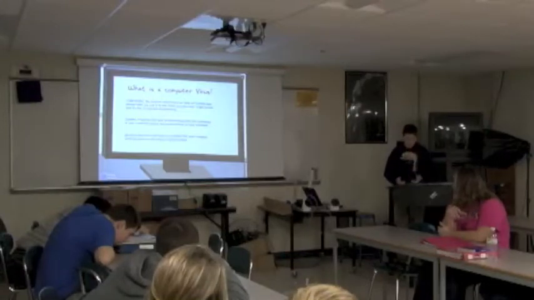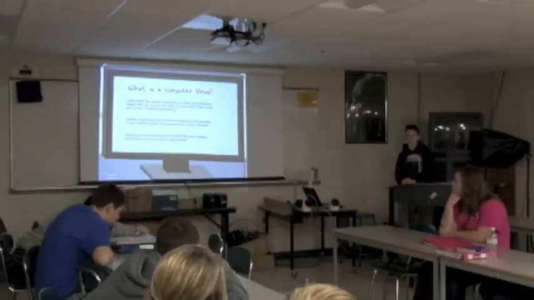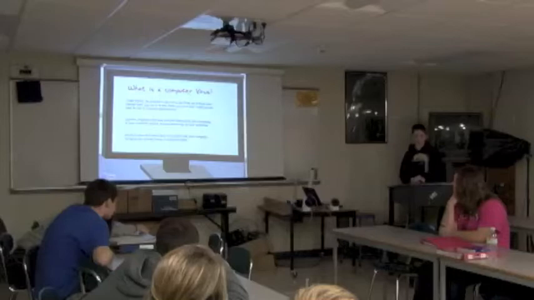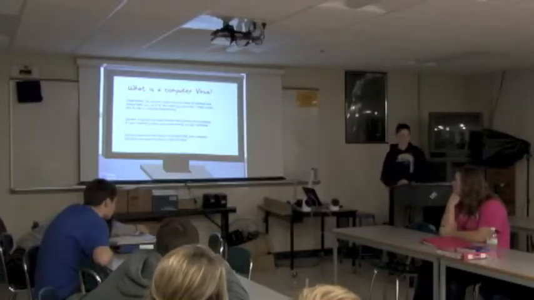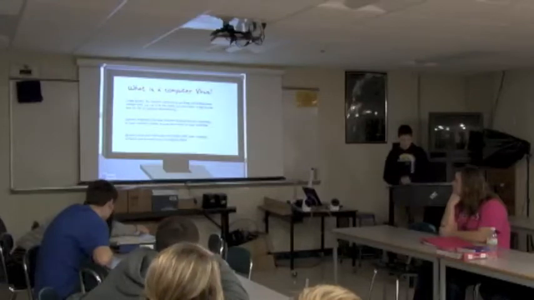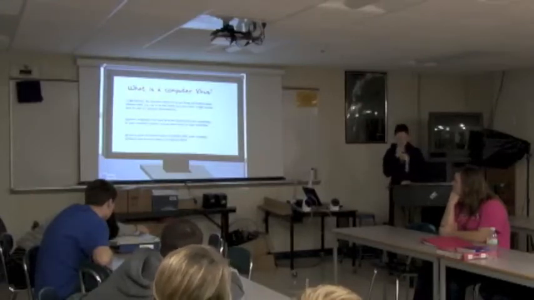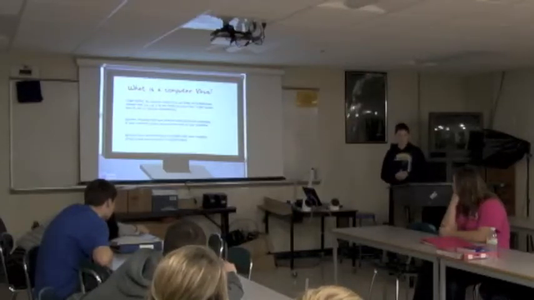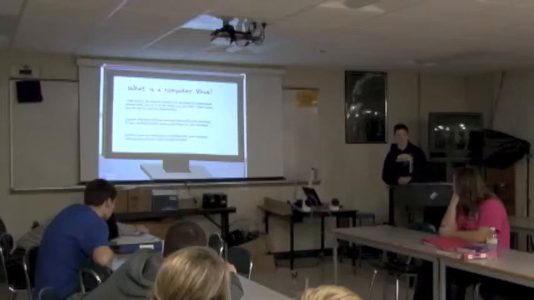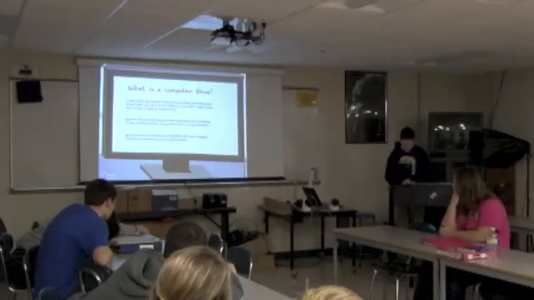And a major worm was the Red Worm. It was also called Code Red. It began on July 13th, 2001, and by July 19th, so just 6 days after, it was infecting at a rate of 250,000 servers in 9 hours, which is a lot.